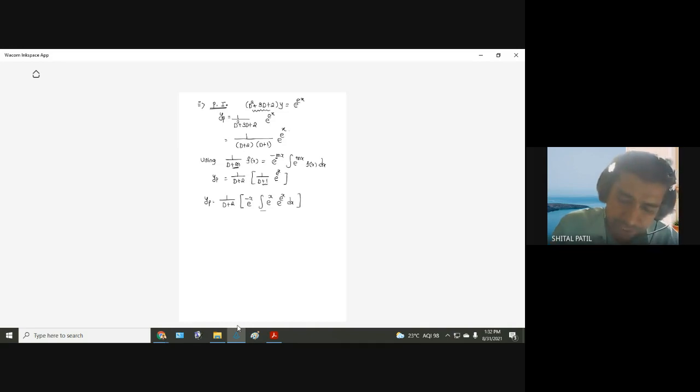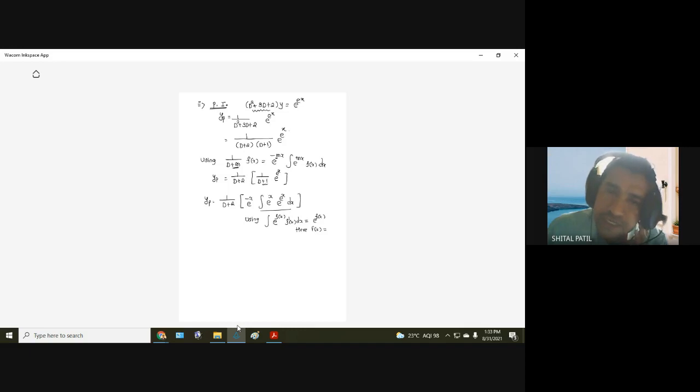Now we want to integrate this. What is the corresponding formula? Hope you remember this: integral of e raised to f of x, f dash of x dx. What the integral is? e raised to f of x. What is f of x here?